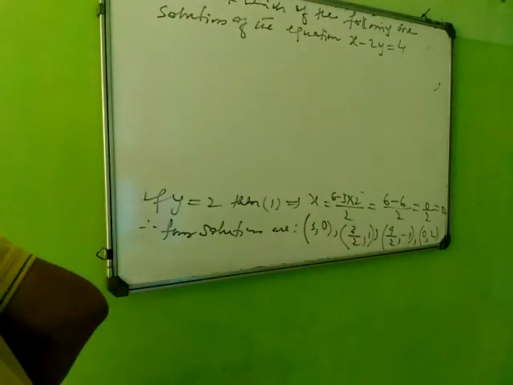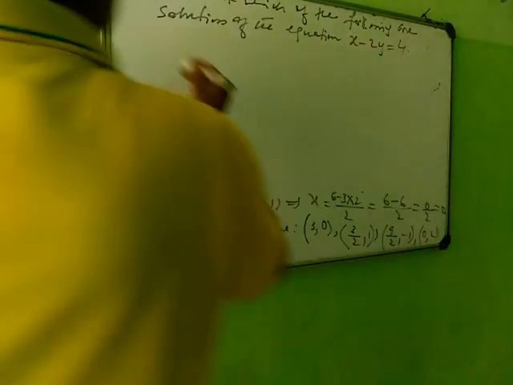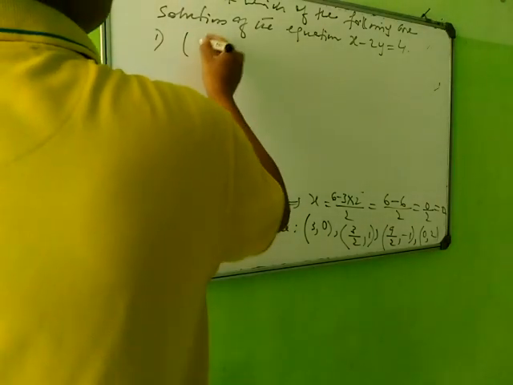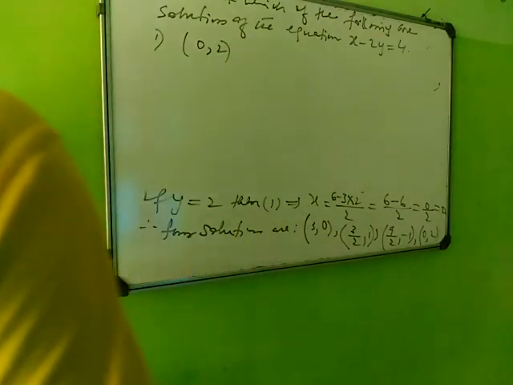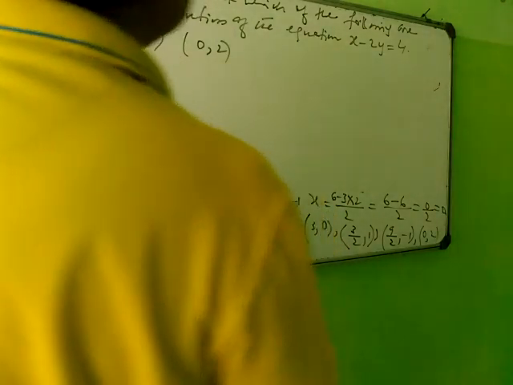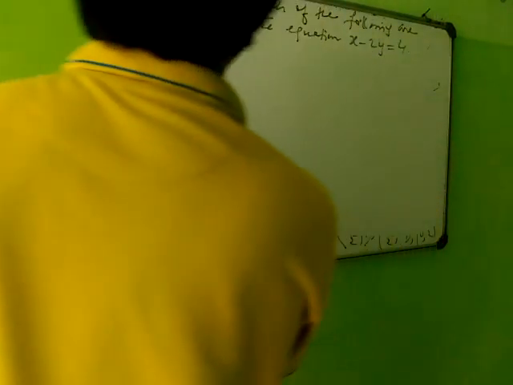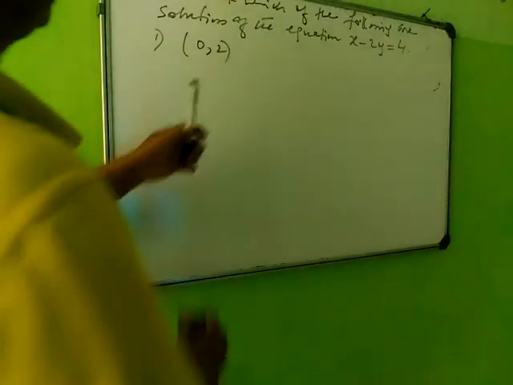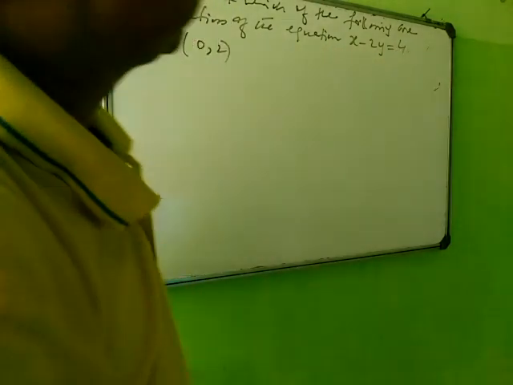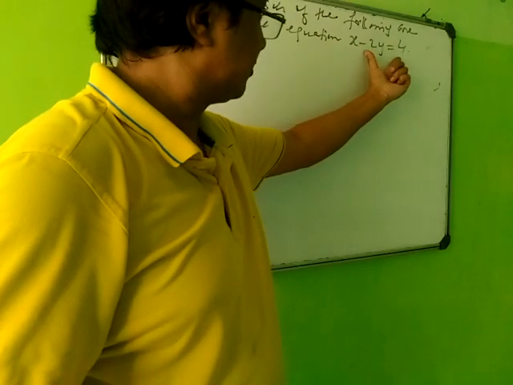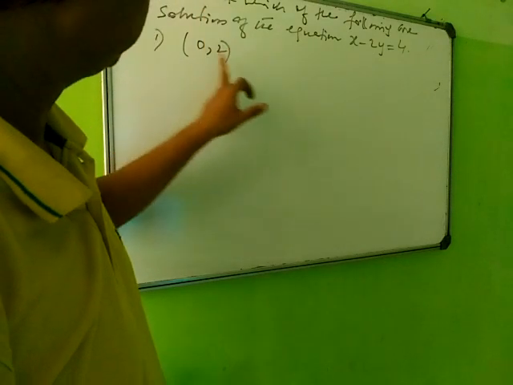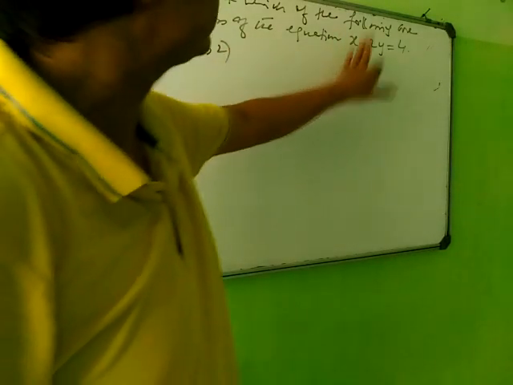Let us take number 1, it is 0, 2. Here they have said you are to check whether the following are the solutions of the equation x minus twice y equals 4. Now you are to verify whether 0, 2 will be the solution of this equation or not.